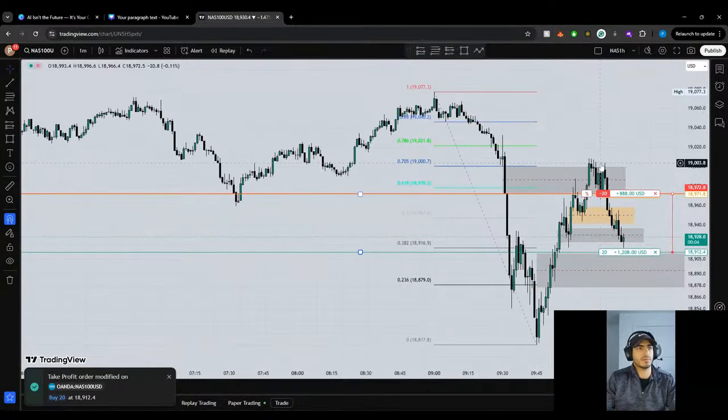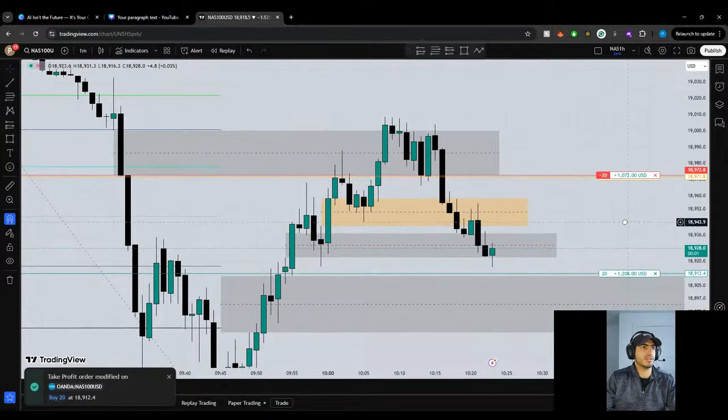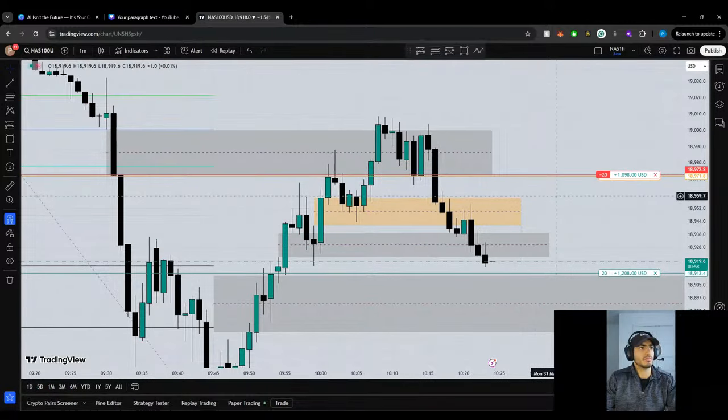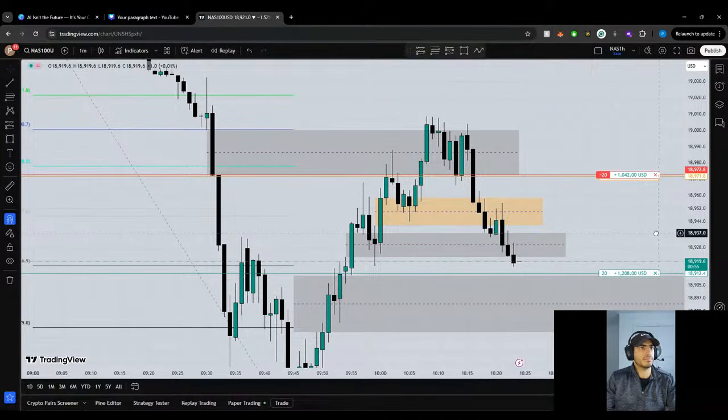Because sometimes they're cheeky, you know? They're cheeky and they just stop right above the fair value gap. Cheeky buggers. That was close. Exactly like that.